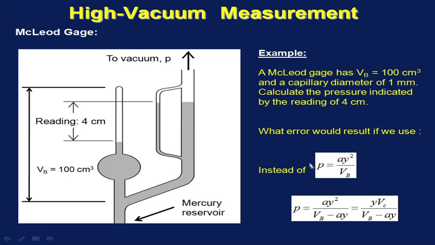We have seen in our last class that the pressure can be computed from this equation, P equal to A y square by V v, or P equal to A y square by (V v minus A y), which is the same as y into V c by (V b minus A y).